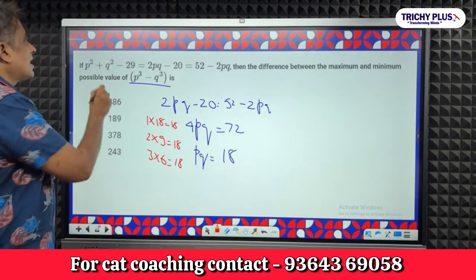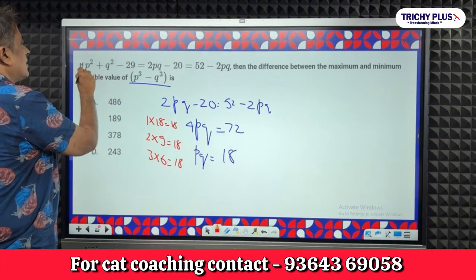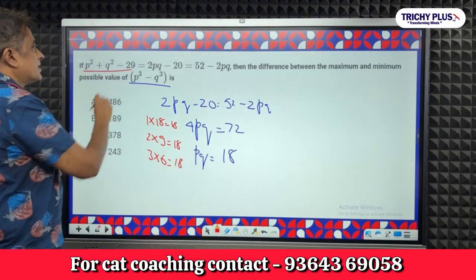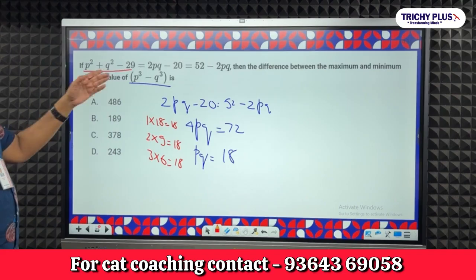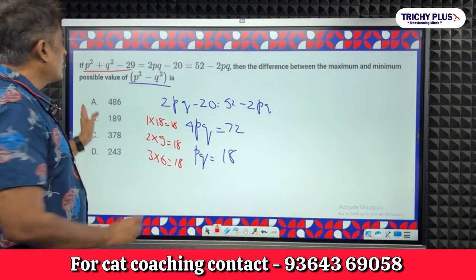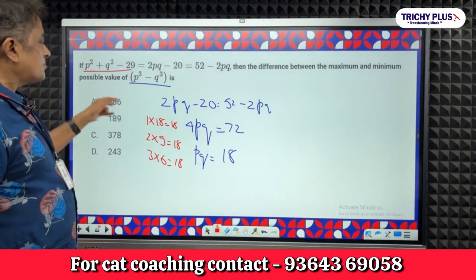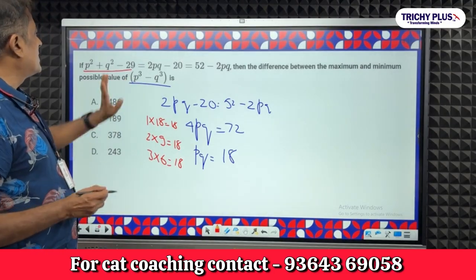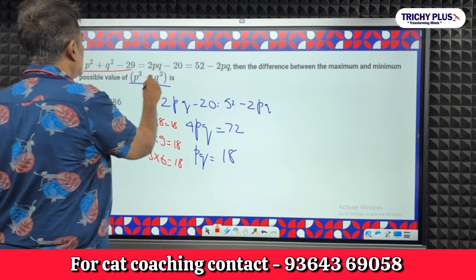Now I have to find p squared plus q squared minus 29, right? And I want to find the maximum possible difference between p cube minus q cube.